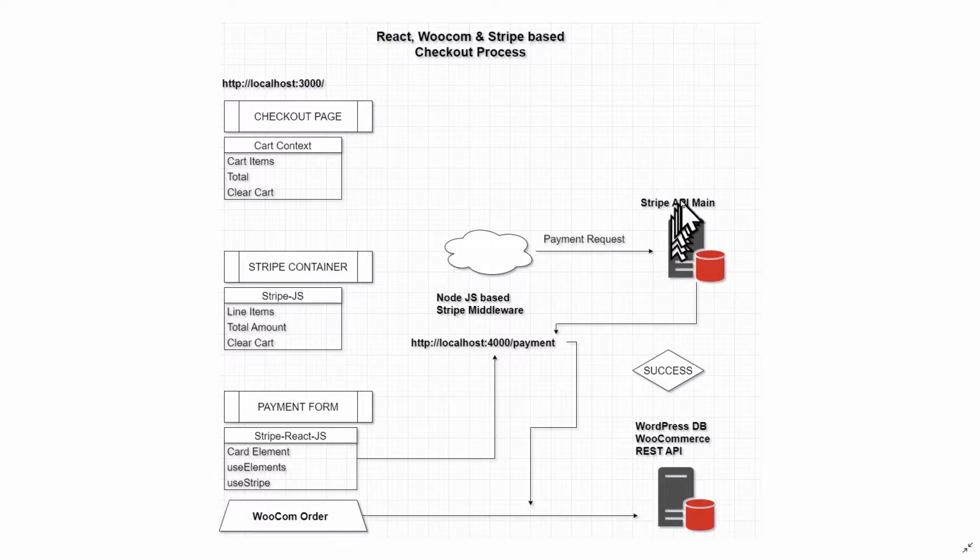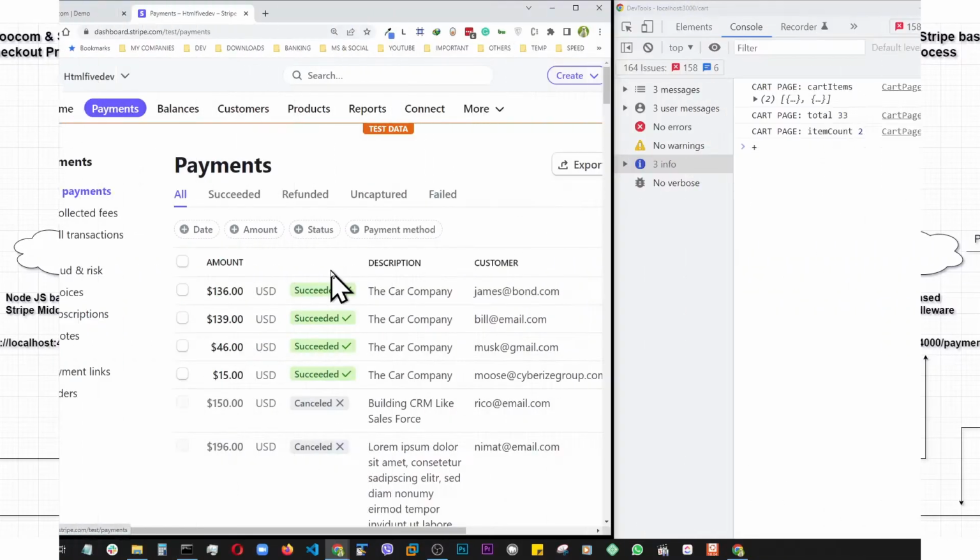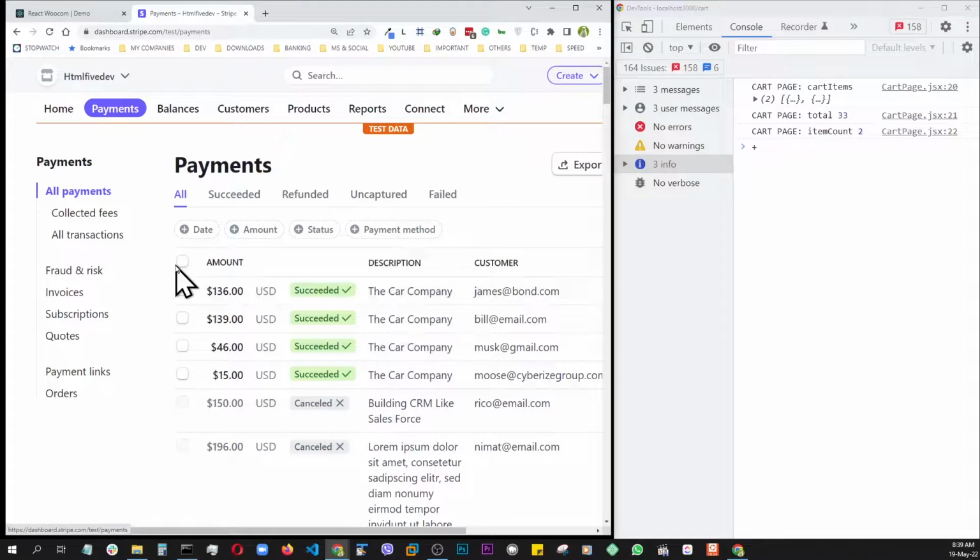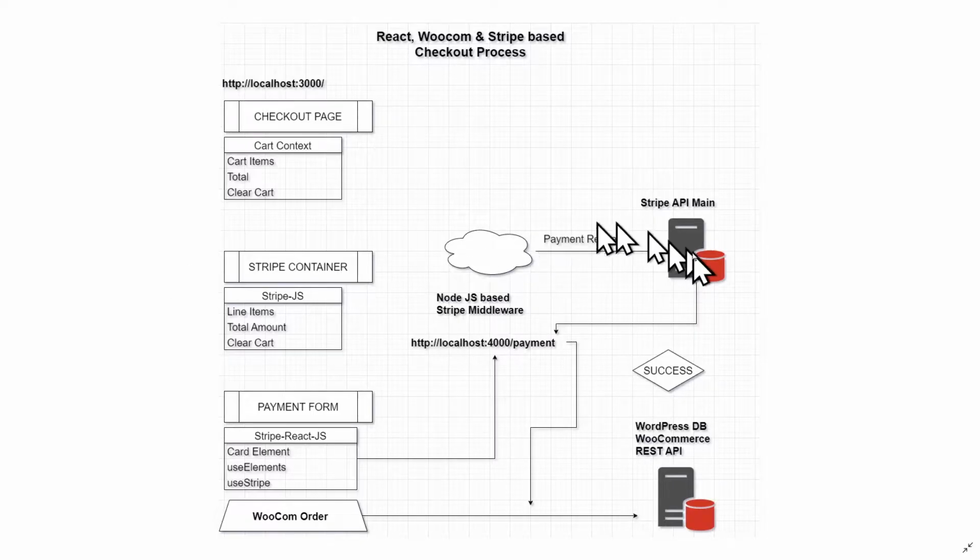And once this Stripe API authenticates and processes that payment, basically creates that payment right here, it's going to send us a success message back here, and this guy will let this guy know about the success, and this guy will redirect the client or the user to a success page, thus finishing the transaction.